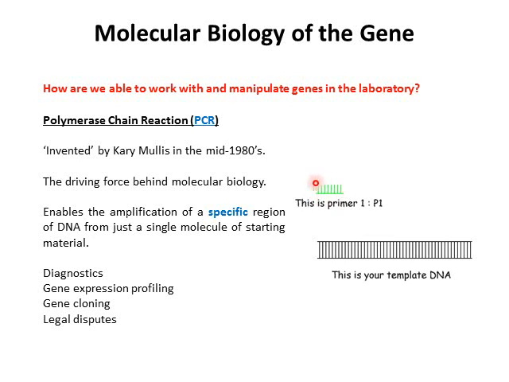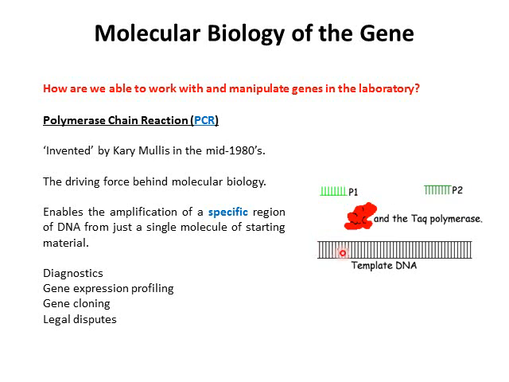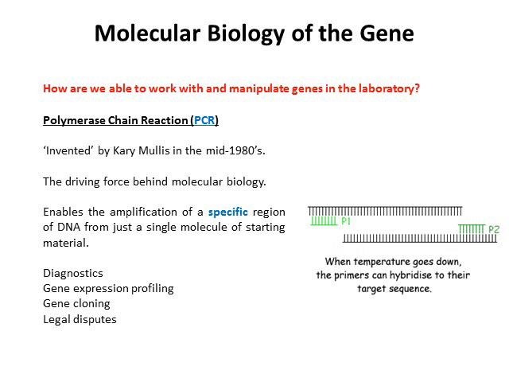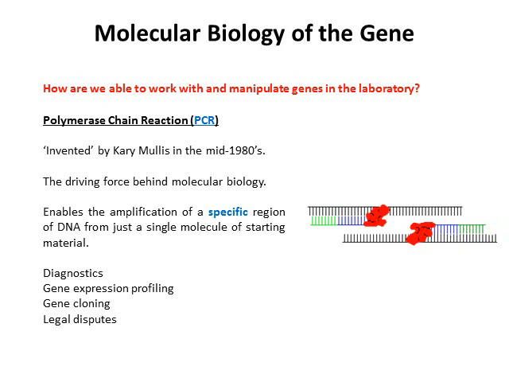Now, the beauty of PCR is that we choose a primer which we know will anneal specifically to a chosen region of the DNA in our sample. In other words, we choose a primer which we know will anneal to the beginning of a gene of our choice.